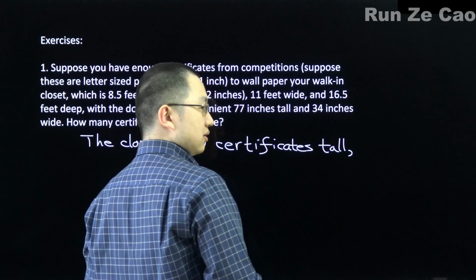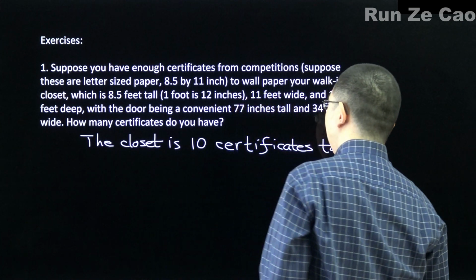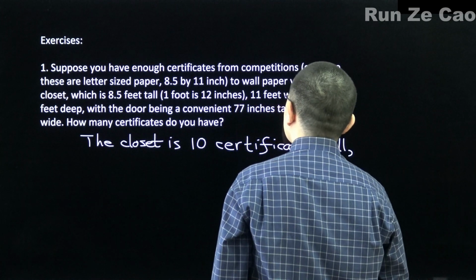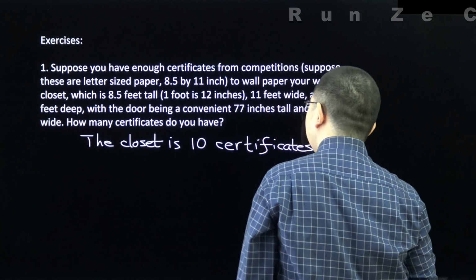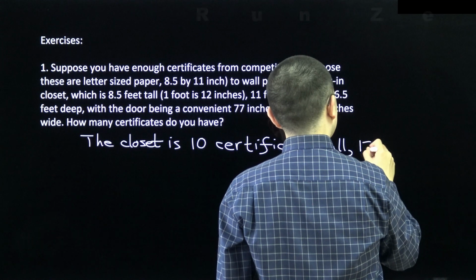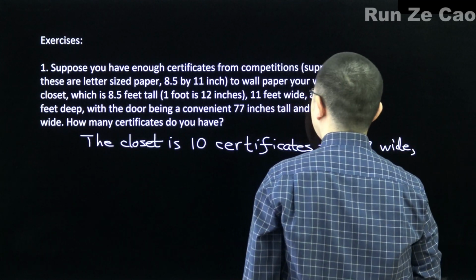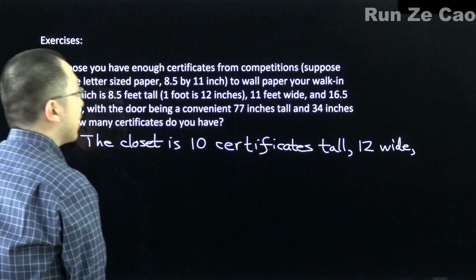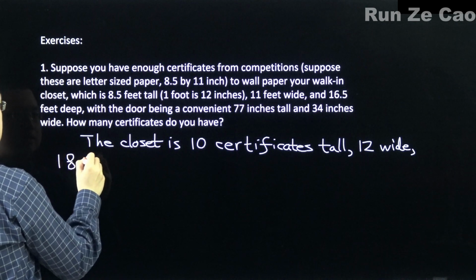They're just naturally wider than they are tall, usually. 10 certificates tall and 11 feet wide, 11 inches to 11 feet. That converts to 12 wide. And 16.5 feet deep is 1.5 times the width, so that's 18 deep.